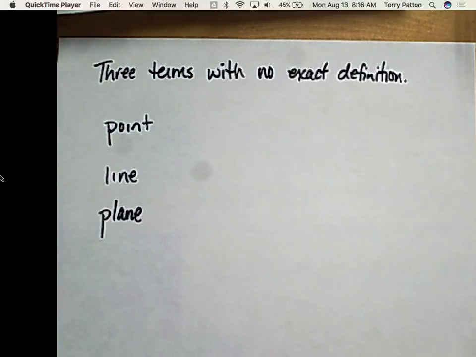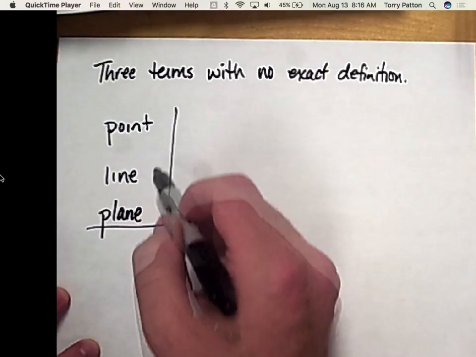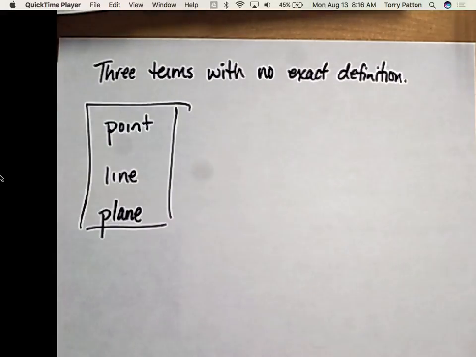It goes forever that way, forever this way, forever this way, forever this way, right? That would be a plane. Okay, it's a flat surface that extends infinitely in all directions. Okay, so those are kind of our 3 undefinable terms. Well, we're going to accept that you can't define them, and then we're going to use those words to define all of the words coming up. Okay?